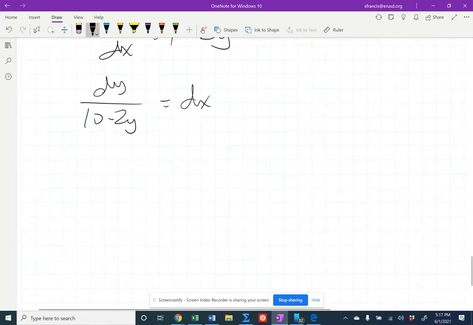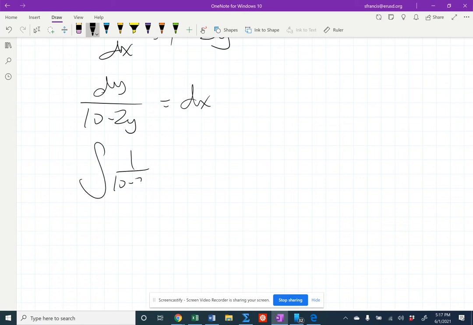Or if you want to move the dy out here, put 1 over 10 minus 2y, you can do that also. So it might look like this. Those are equivalent. Now over here, of course, we get x plus a constant. On this side, we do have to be careful because we should do a substitution. We should let u equal 10 minus 2y.